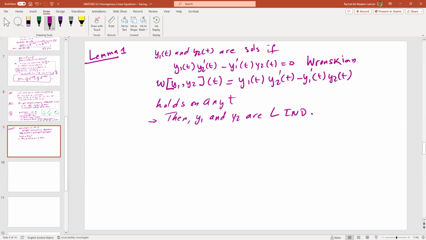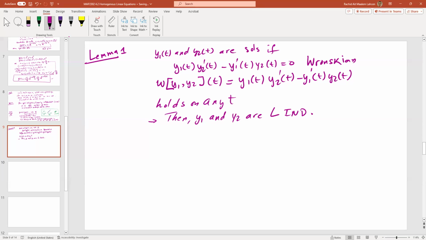So the expression here on the left is the Wronskian, and there are some examples where you can check this or prove it as well. There is in the book a proof of lemma one, which helps in the proof of theorem two, and these two are very helpful.